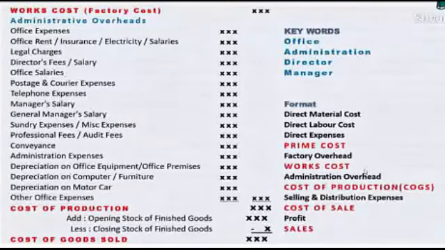So if I give any wrong item in this list, you can always think about why this wrong item is there. Office expenses are administrative work. Again, here on the credit side, I have given some keywords like office, administration, director, or manager. If these words are attached to some expenses, then I will understand this as administration overhead.